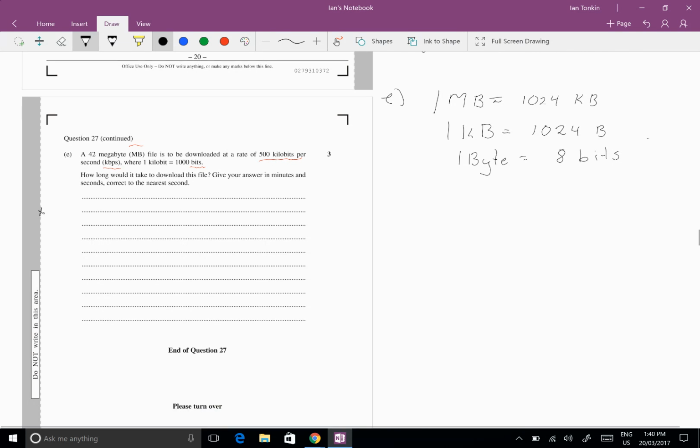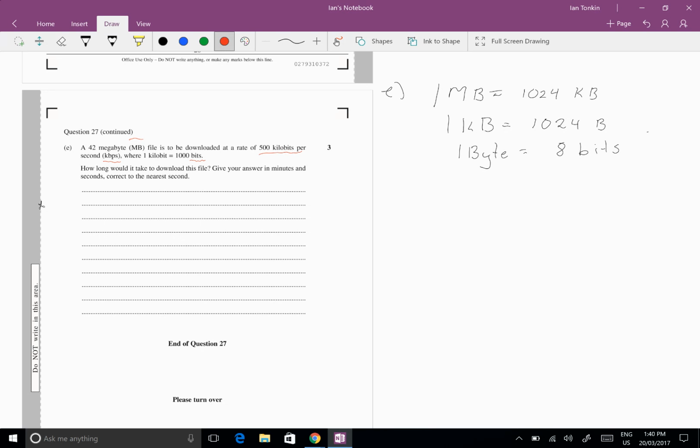Now all of that is on your formula sheet, but I'm writing it here so that I can use it. Well, first of all, let's convert this 42 megabytes to bits. So here we go. 42 megabytes equals 42 times 1024 kilobytes. But kilobytes, we don't want kilobytes, we want it in bits, so we better go 42 times 1024 times 1024 bytes.